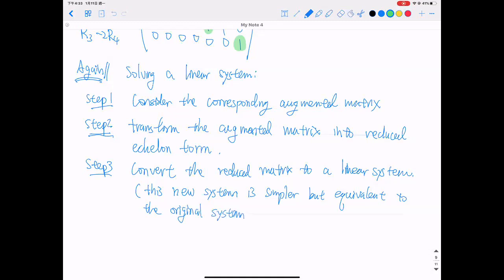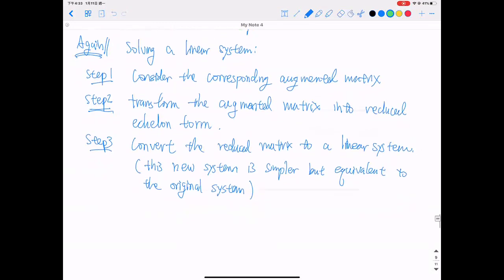Being equivalent here just means that they have the same set of solutions. So for our purpose of solving the system, it's enough to work with the simpler system. Now the final step is just to read off solutions from this simpler system.